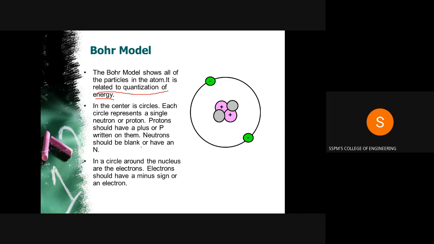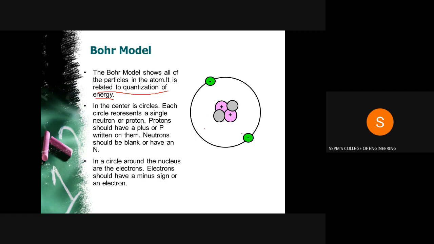When p is there, that is a positively charged proton, and blank means a neutral neutron. In the circles around the nucleus, electrons are present. Electrons should have minus signs. So these are the electrons.